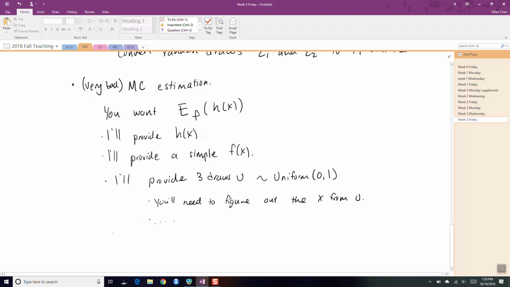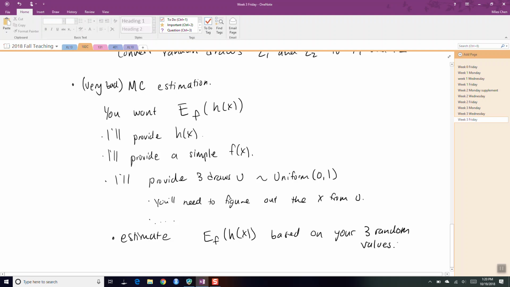And then step 4, profit, we have to estimate E of f of h of x, based on your 3 random values.